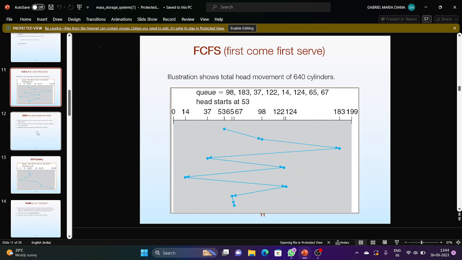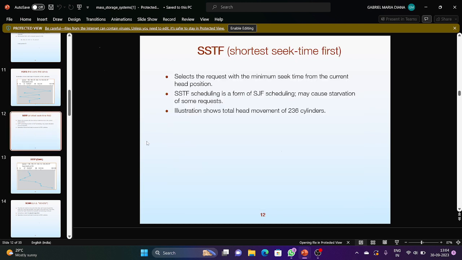Next we'll learn about shortest seek time first.